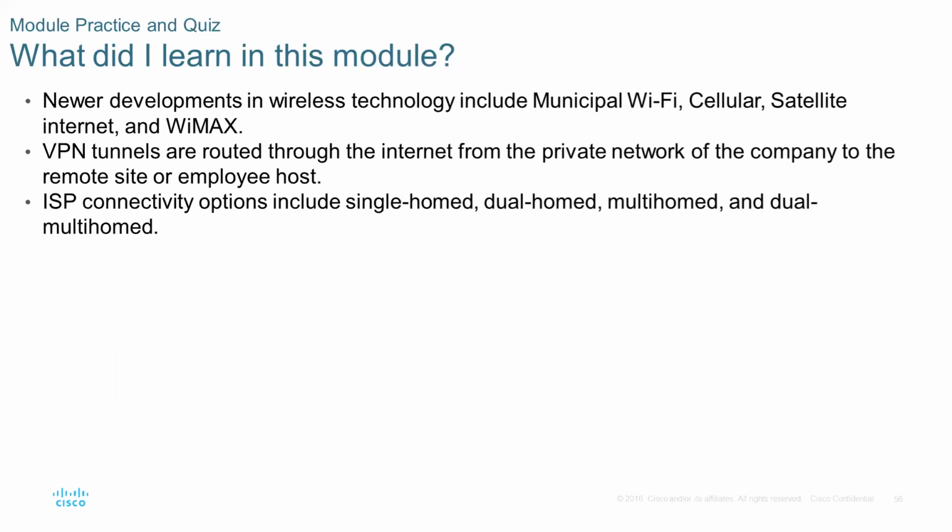And we had a very brief look at the various ways an enterprise can connect to one or more service providers to provide redundancy, whether it's a single link to multiple service providers or dual links to multiple service providers.